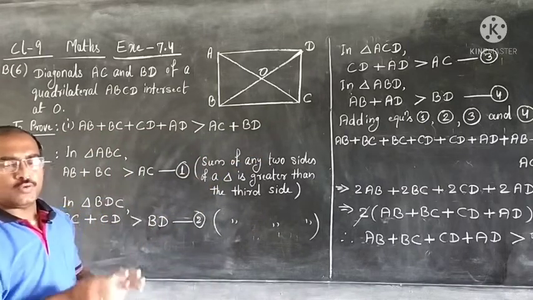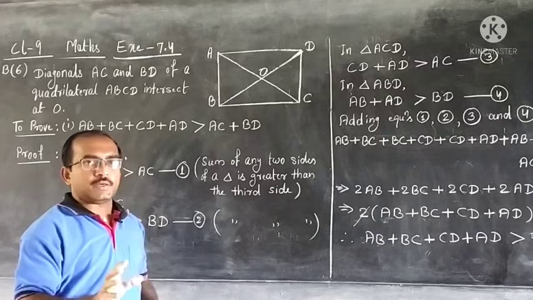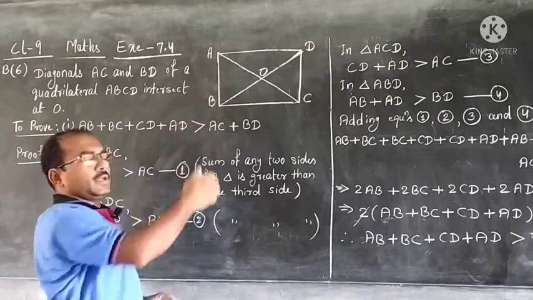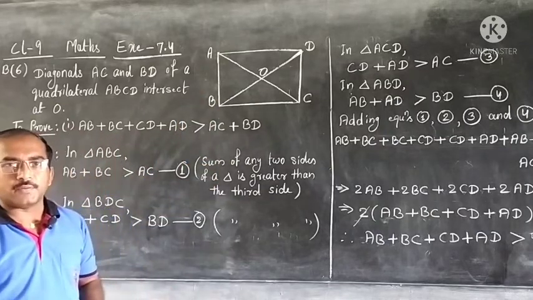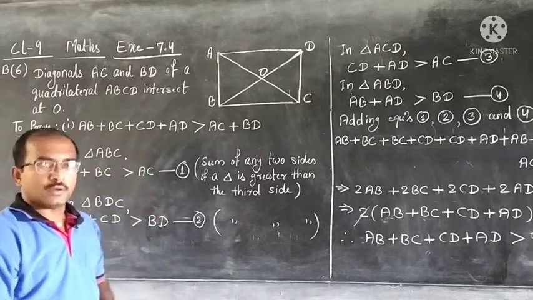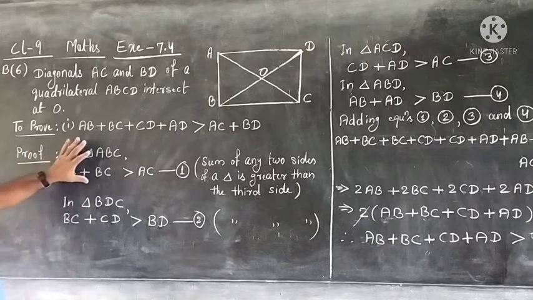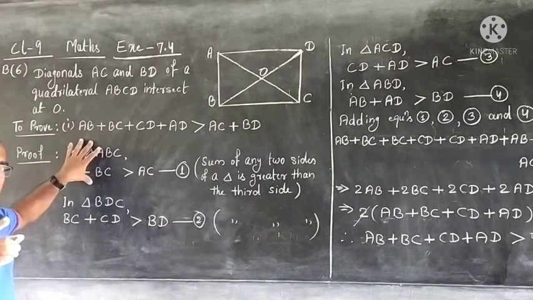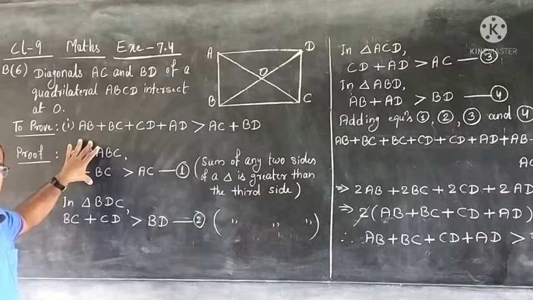So, surely if we look at the diagram, we will feel that the sum of 4 sides will be greater than the sum of the diagonals, but the thing is how to prove it theoretically, we are going to learn from here.